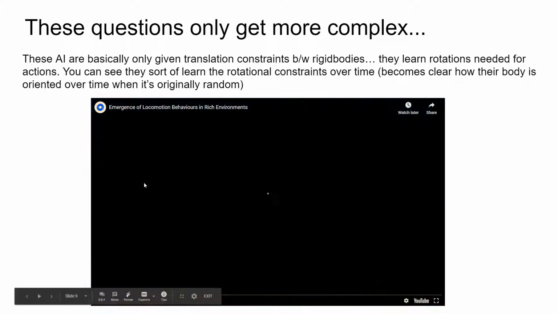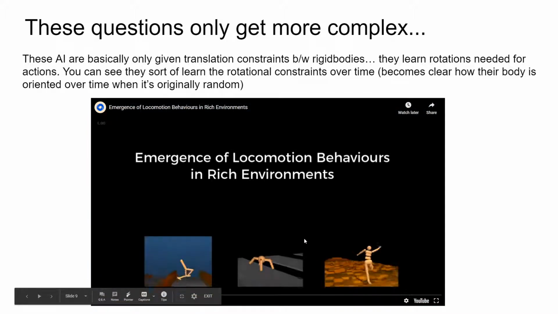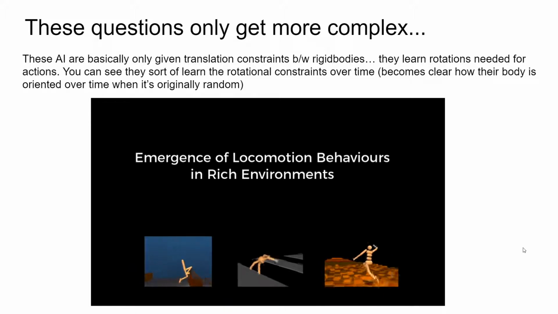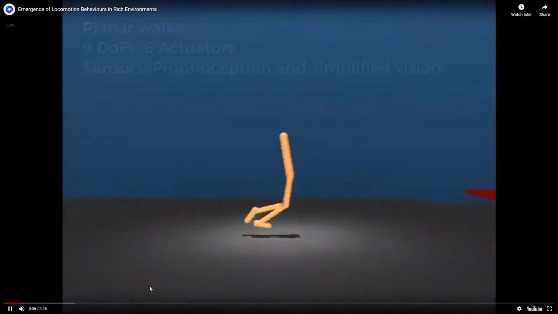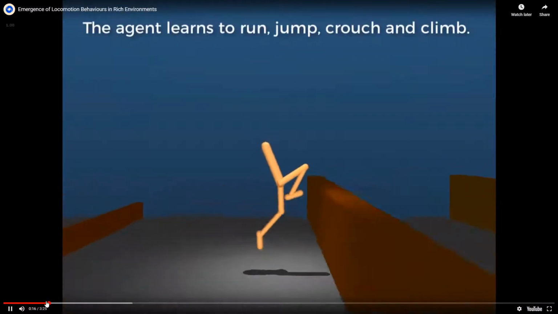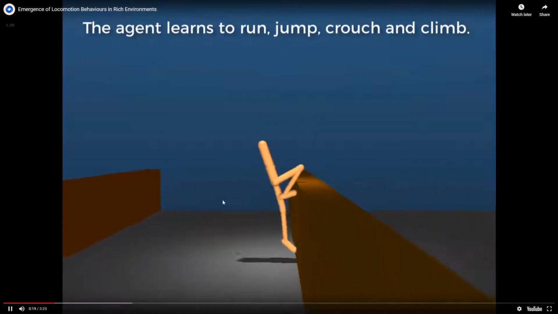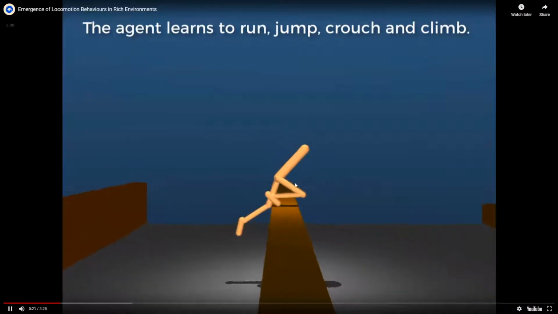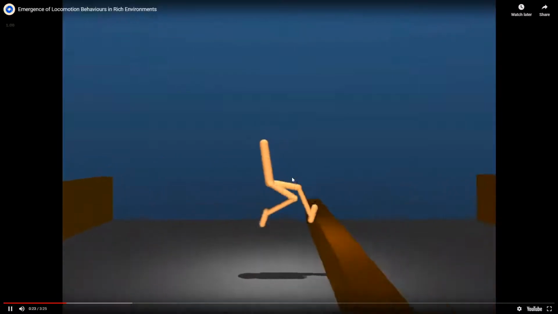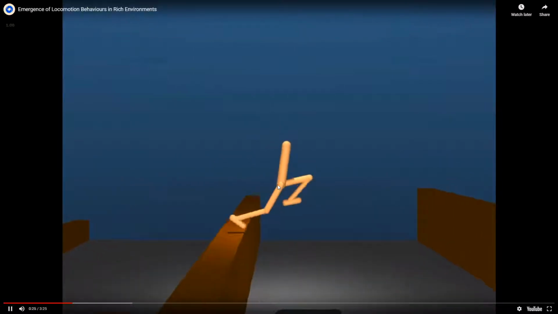And IK only gets more and more complex. What these papers from Google were working on, this Google DeepMind paper, was having virtual agents which only know the joints. They don't know any of the constraints.